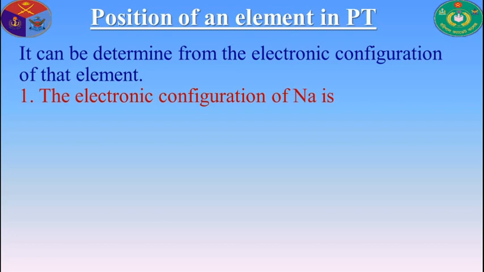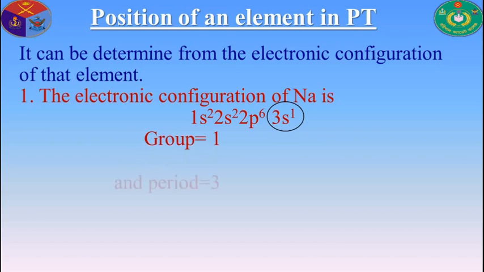The electronic configuration of sodium is shown here. Here we see that the last electron goes to the 3s orbital. So here the group number will be 1 and the period will be 3.